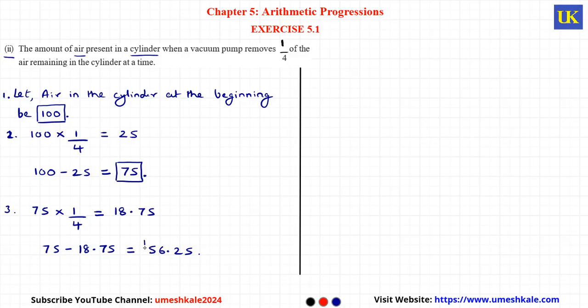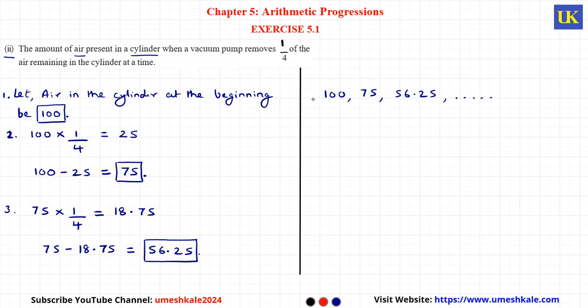And the third time, again when we removed one fourth air, the balance air is 56.25. So the numbers which we have right now are 100, 75 and 56.25. Now we need to comment whether this is an arithmetic progression.